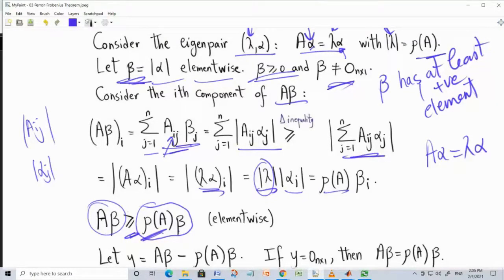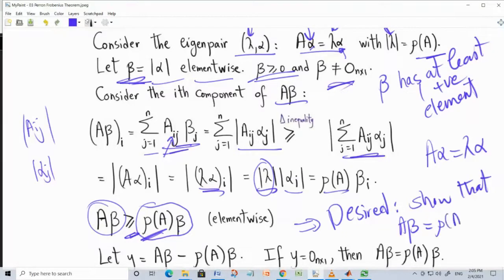So to show that rho of A is an eigenvalue, we want to show that this inequality is satisfied with a strict equality. Desired: show that A beta is in fact rho of A times beta.